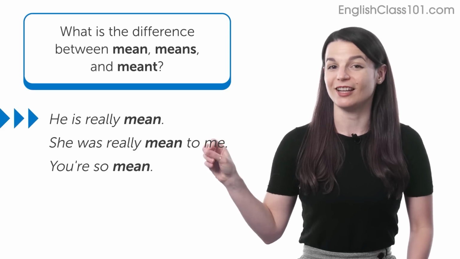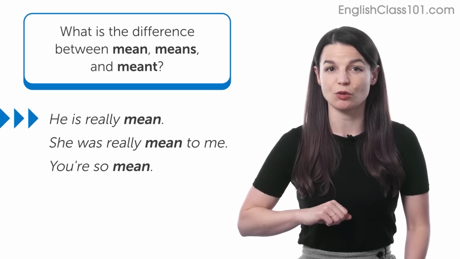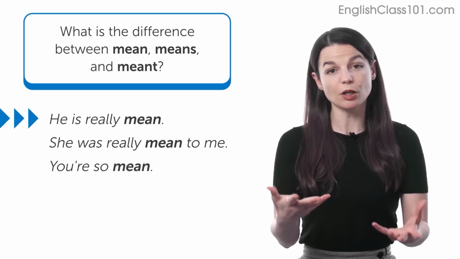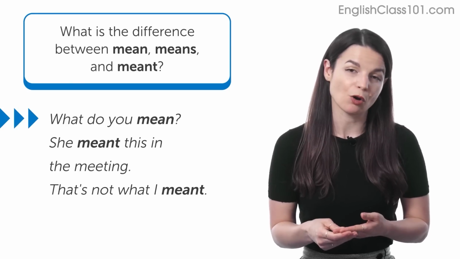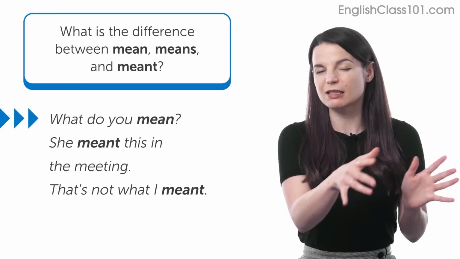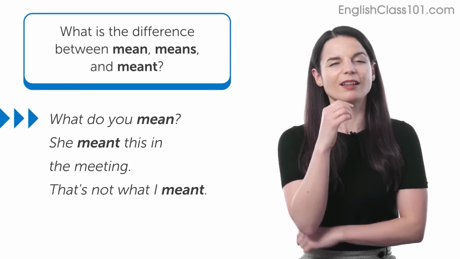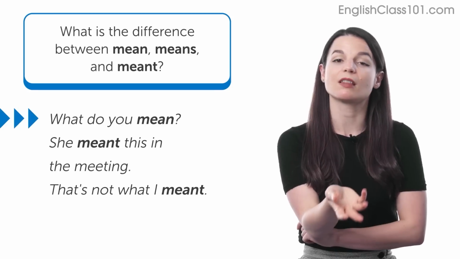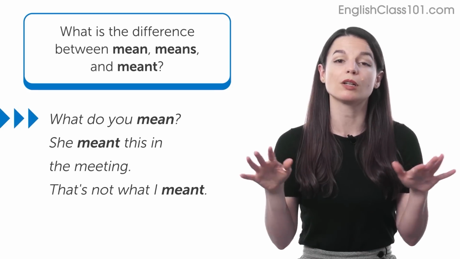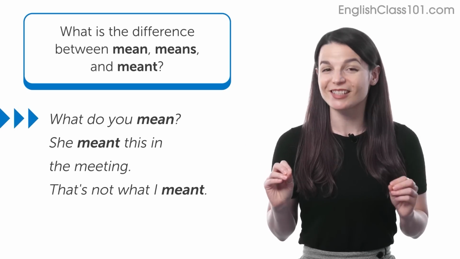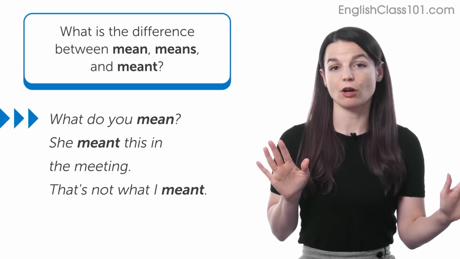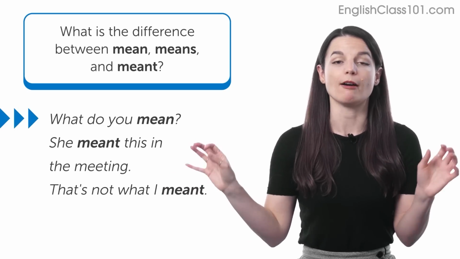That's a really good hint that that's probably the adjective use. On the other hand, when you see the verb use of this word, we see it in sentences like, what do you mean? Or she meant this and this and this in the meeting, or that's not what I meant, right? We don't see that be verb used here. So that's a pretty good hint that you can use to be able to understand the difference between the verb form and the adjective form of mean.